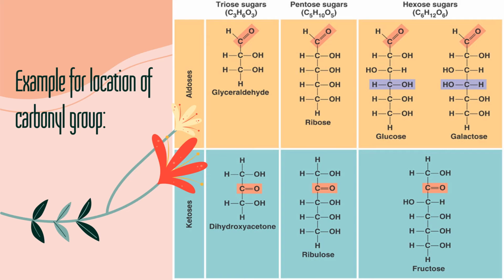From this, we can see, like we said earlier, aldose has the carbonyl group at the end of the chain, while ketose has it in the middle of the chain.